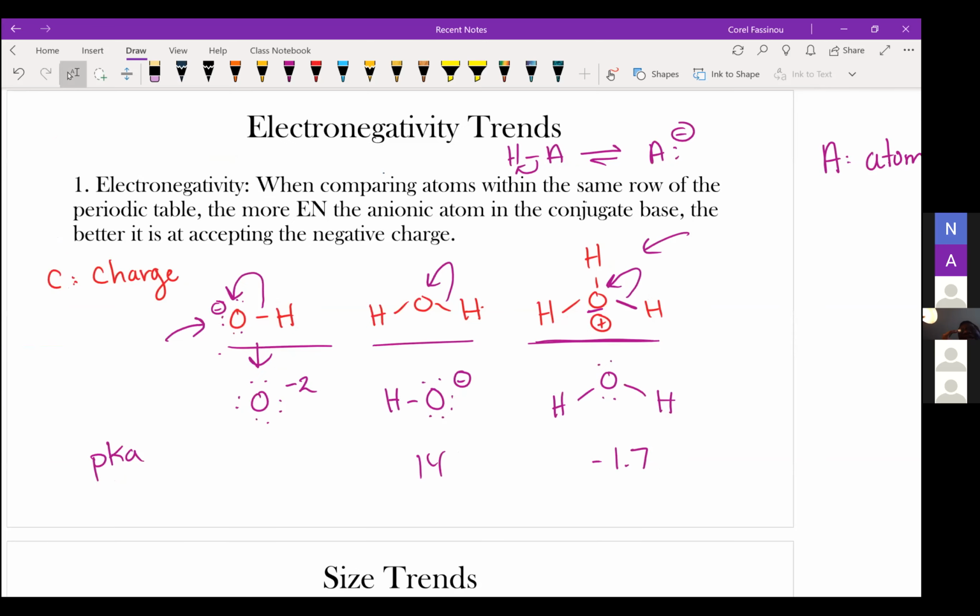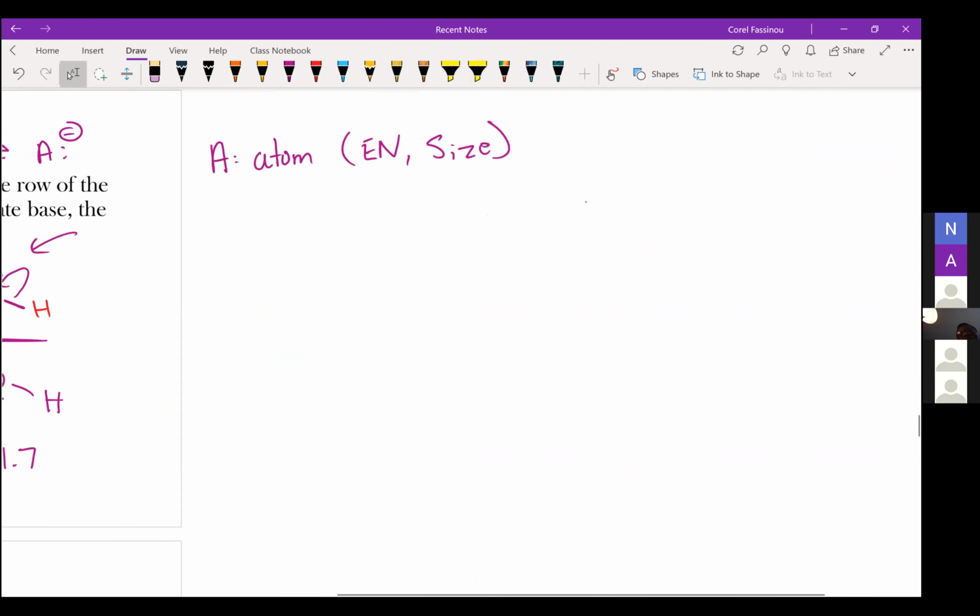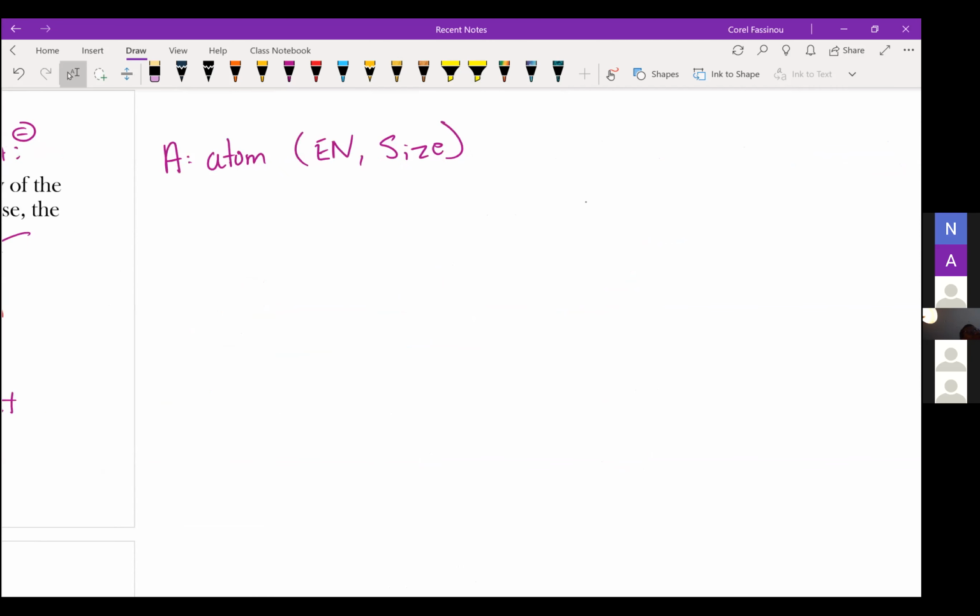When comparing atoms within the same row of the periodic table, the more electronegative the atom in the conjugate base, the better it is at accepting that negative charge. And what that means is that the more electronegative that atom is, the more it's going to be able to stabilize those negative charges that you're going to get.